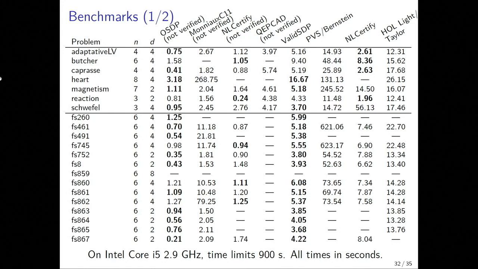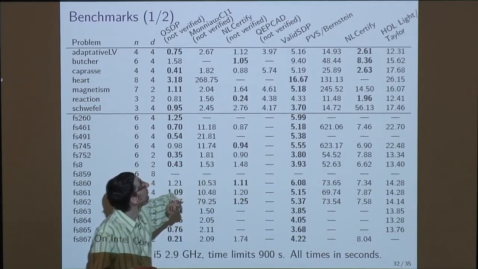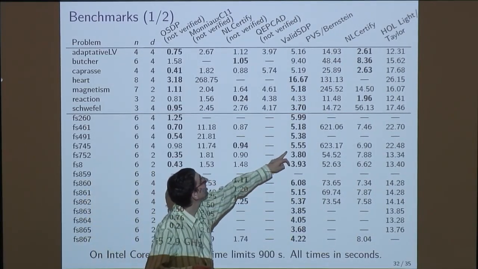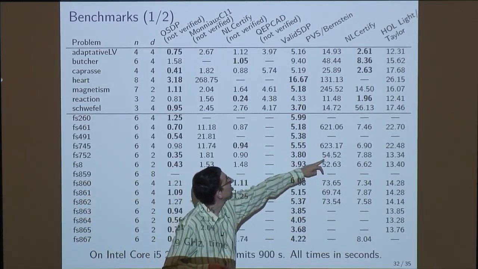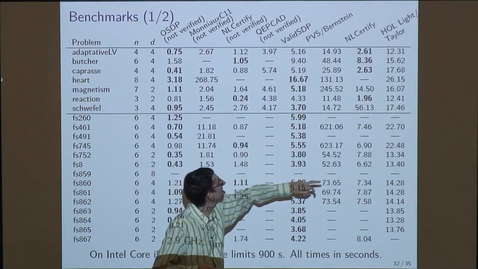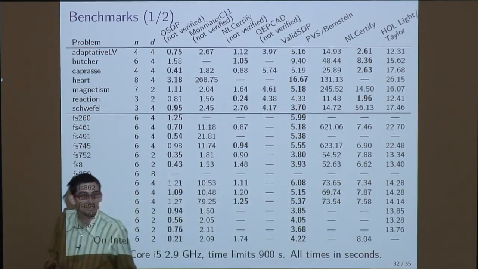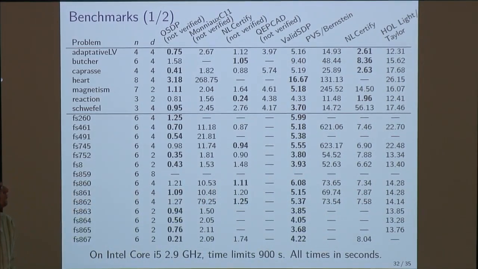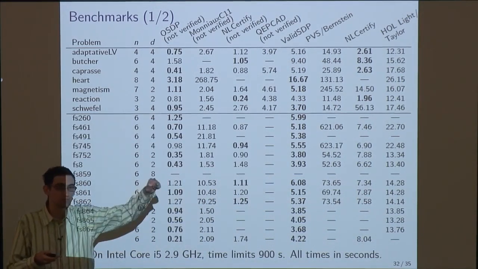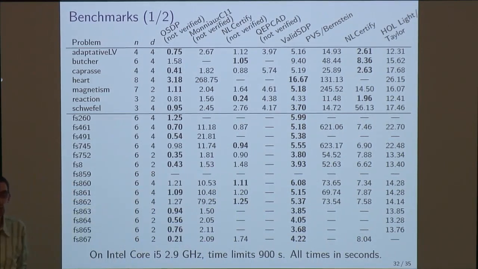These are the benchmarks, compared with other things that were either not verified, in the sense of not implemented in a proof assistant, or verified and implemented in a proof assistant. So that's our solution in Coq. This is done in PVS. This is using Coq, and this is using HOL Light. And various methods. Most of the time is trying to round to an exact solution, because this is very easy.